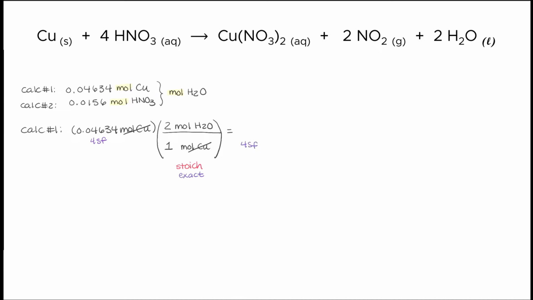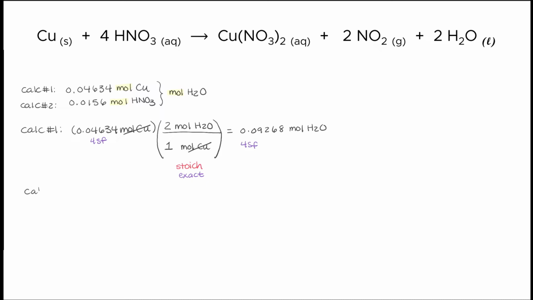So doing the math, we have 0.04634 times 2 equals 0.09268 moles of water. Now, I'm not going to put a box around that yet because I don't know if that is my theoretical yield until I do calculation 2.